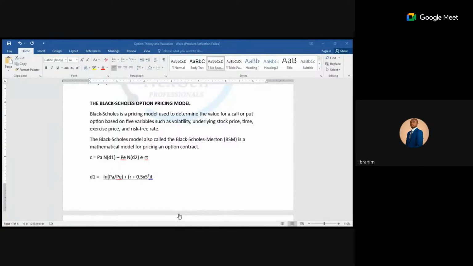The Black-Scholes model is used to determine the value for a call and put option based on 5 input variables.